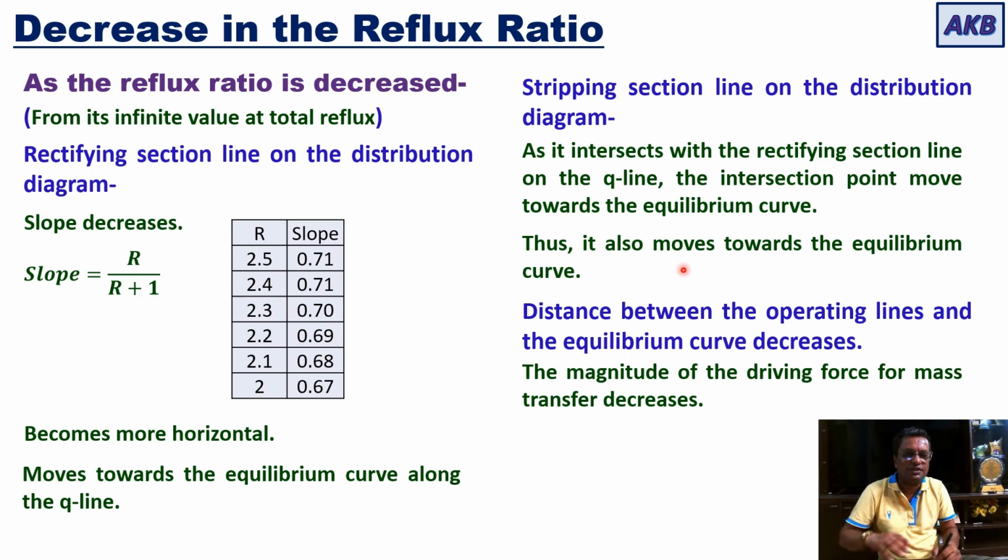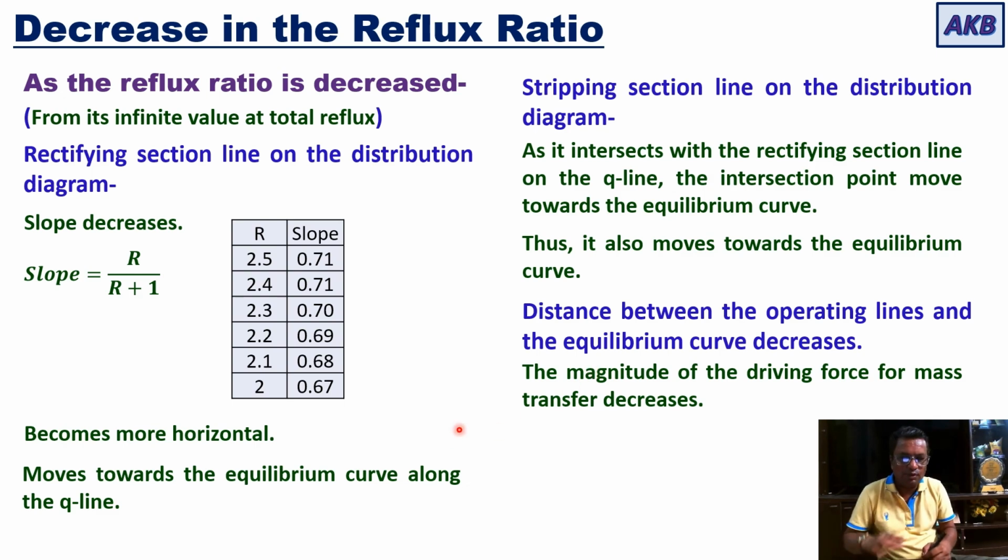Therefore, the stripping section line also moves towards the equilibrium curve. And in this process, the distance between the operating line and the equilibrium curve along the Q line decreases. This distance is nothing but the magnitude of the driving force for mass transfer. That means if the distance is decreasing, the magnitude of the driving force is also decreasing.